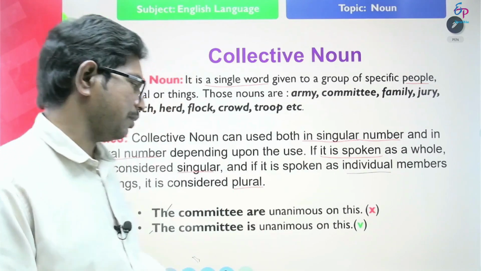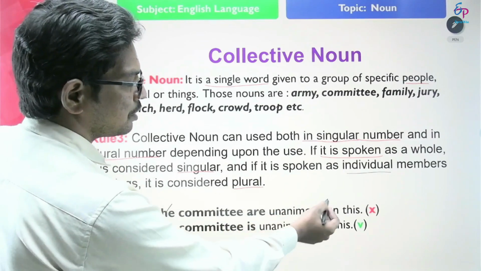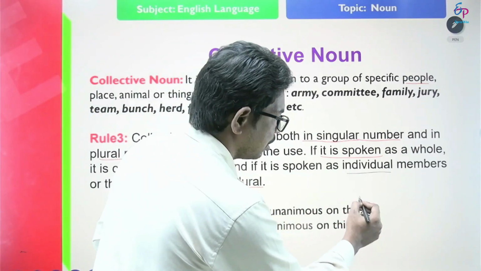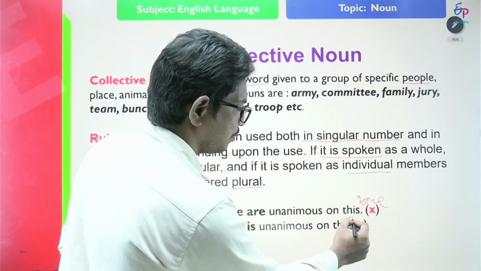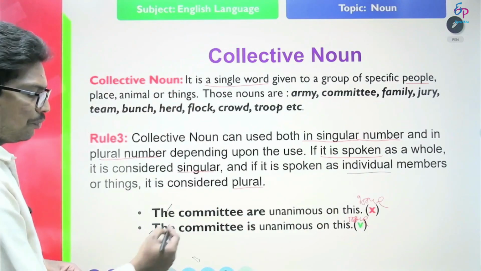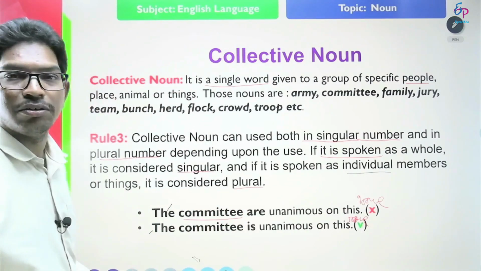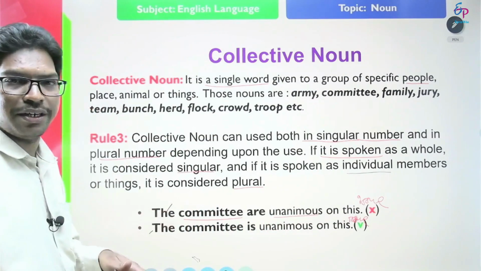Look at the example. The committee are unanimous on this issue. Here, the committee. What is committee here? This is a collective noun. Unanimous means united, right?